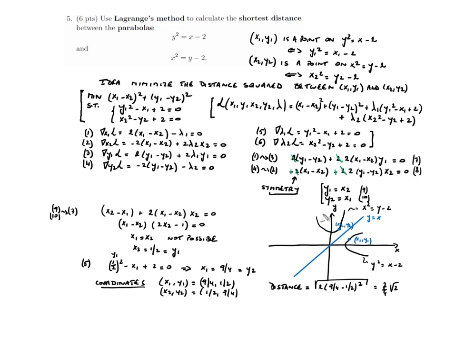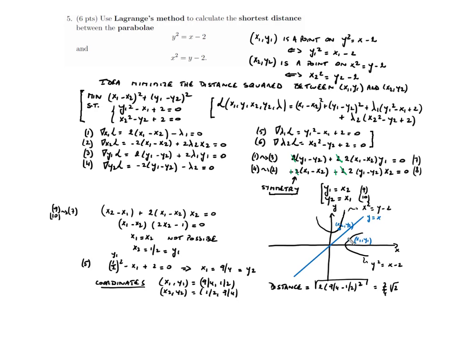So this is the parabola x squared is equal to y minus 2, and this is the parabola y squared is equal to x minus 2, and you can kind of see that the minimum distance will occur somewhere around here, and you can see here that this parabola can be mapped on this parabola using an axis of symmetry, y is equal to x.